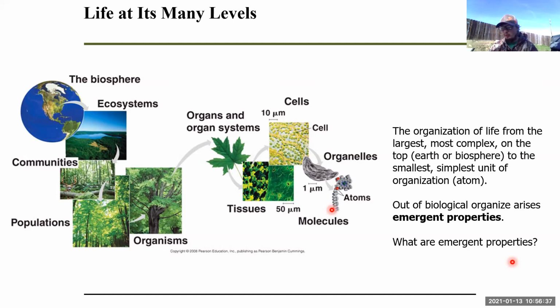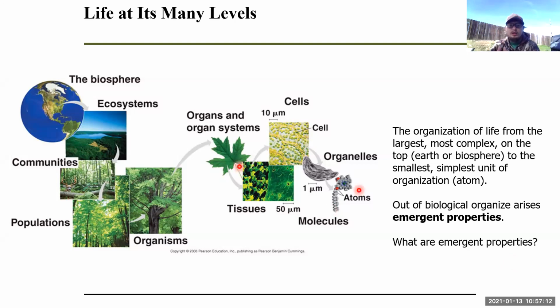We can go from really simplistic components of life to all-encompassing, more complex interactions of life. The simplest component is atoms, and then the all-inclusive, more complex level of life is the biosphere. So basically what we have here is most complex going to least complex.